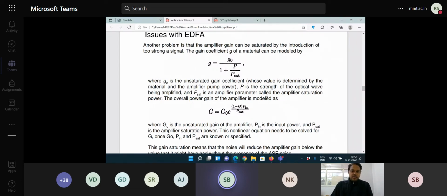So these equations show the overall power gain of the amplifier.